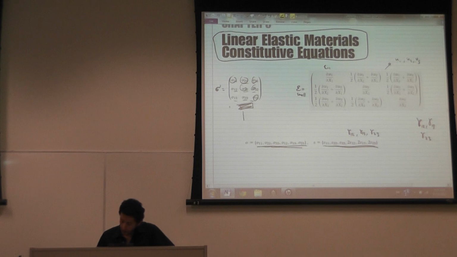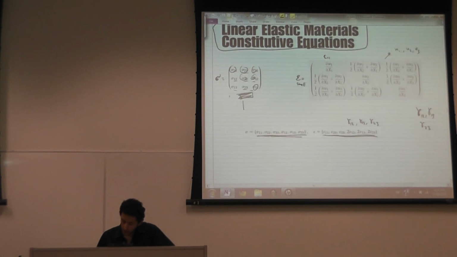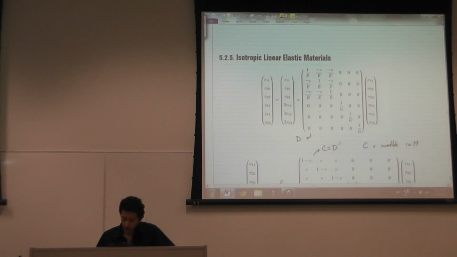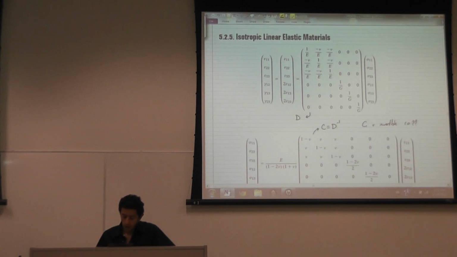And for linear elastic isotropic material, the relationship is given by the following. Epsilon 1 is equal to sigma 1 over E minus Poisson's ratio, sigma 2 over E minus Poisson's ratio, sigma 3 over E, 0, 0, 0. And you should be familiar with this relationship, with G equal to E divided by 2 times 1 plus Poisson's ratio.